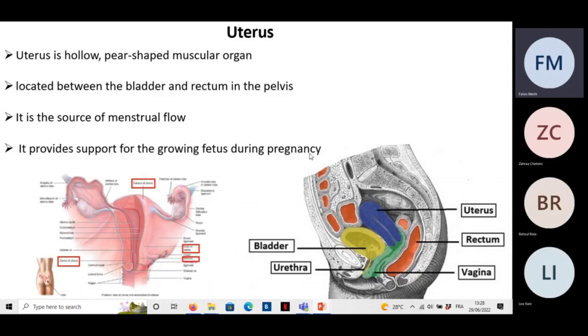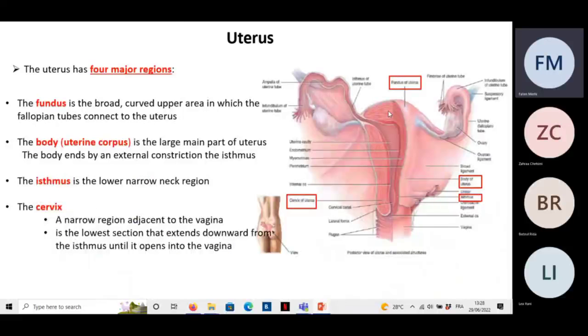It provides several regions. We have the fundus, which is the broad and curved upper area of the uterus, and it connects the fallopian tubes to the uterus. This part is called the fundus, and this part is called the body of the uterus, or the uterine corpus.